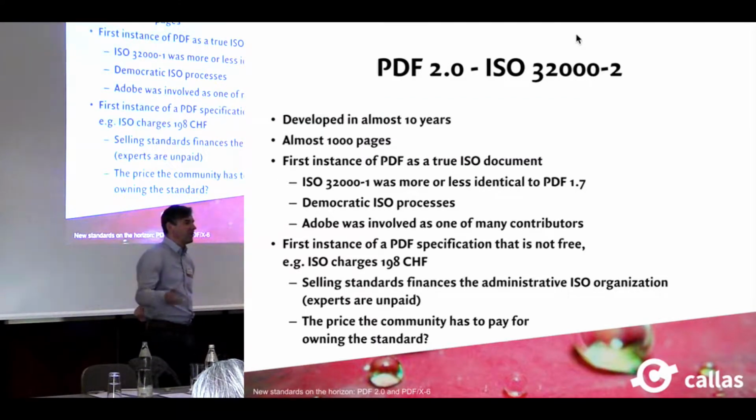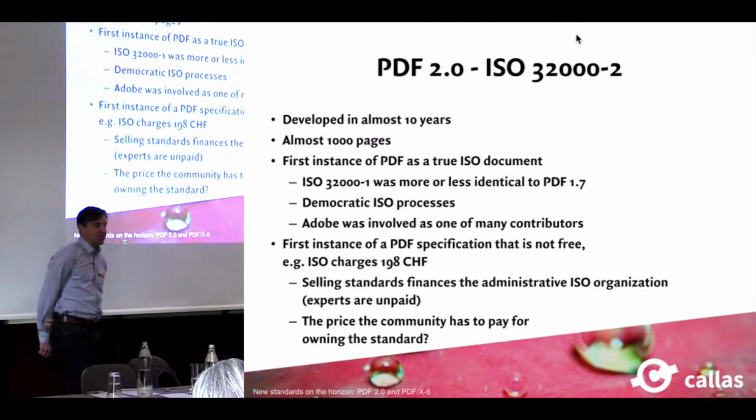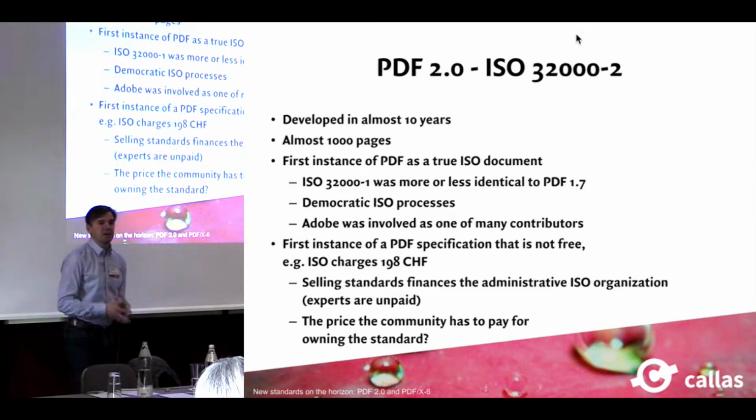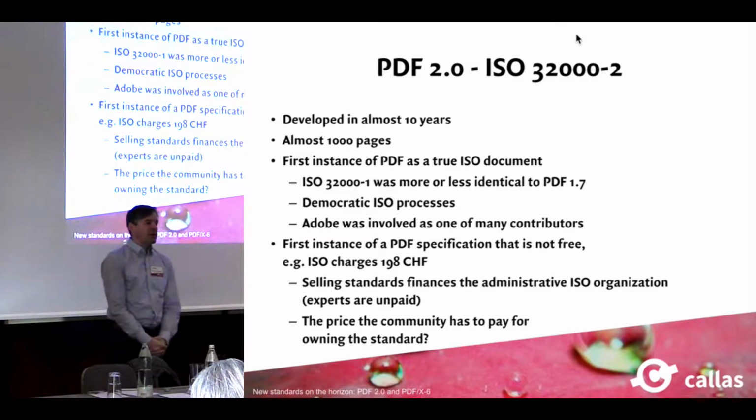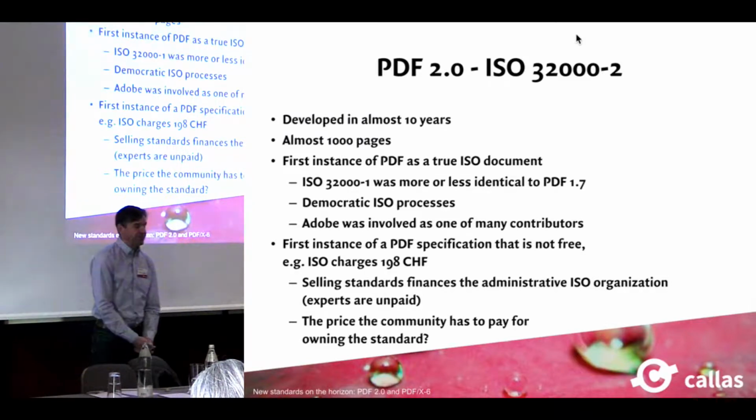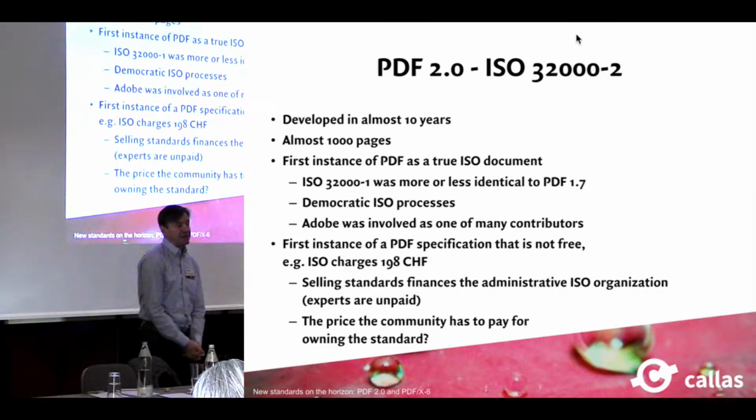So a few words before on the general aspects of pdfToolbox. It was a really long process at ISO, so it took almost 10 years to develop it. It's a big standard.